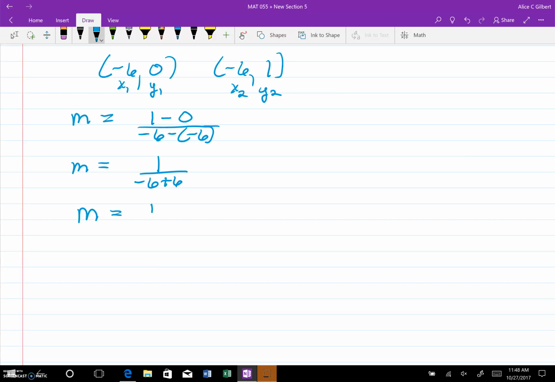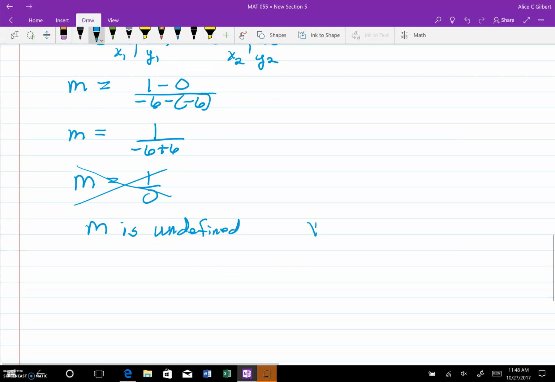M equals, oh, and I cannot have this. That means our slope is undefined. Okay? Well, remember I told you that when the slope is undefined, that means we've got a vertical line.